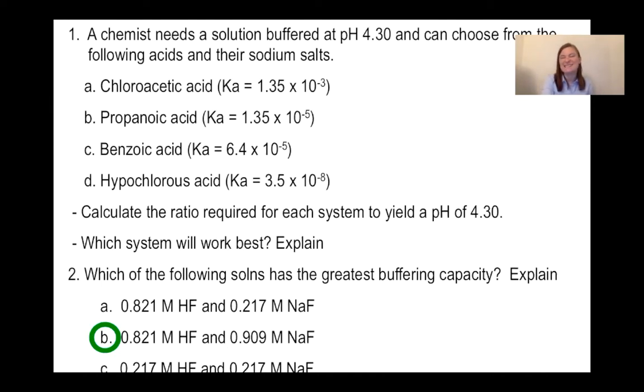Answer choice C has concentrations that are exactly equal. So maybe some folks might have picked that. But it turns out it doesn't matter. The concentrations don't have to be exactly equal. What matters is that they're roughly equal, right? And different by no more than a factor of about 10, and that they're large, right? For the greatest buffering capacity, we just want the largest concentrations.